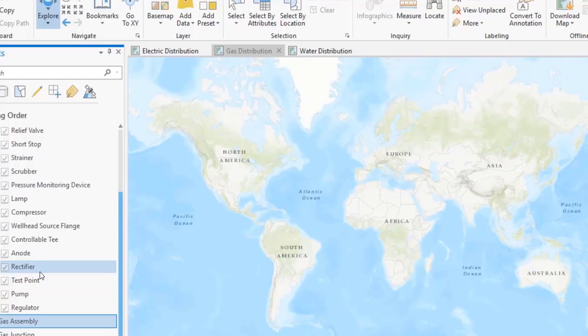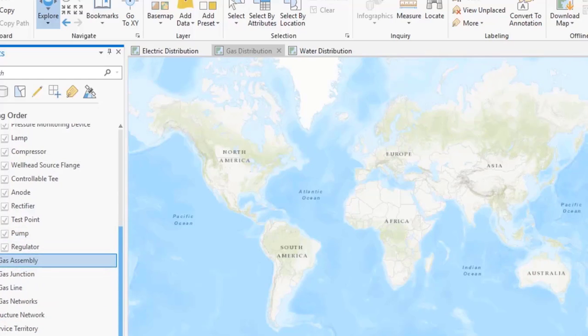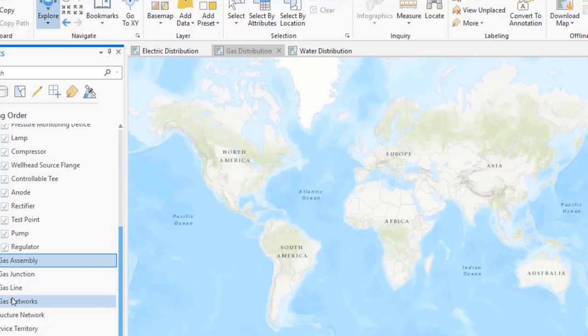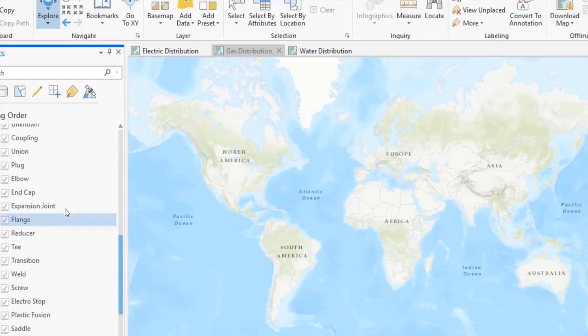Assemblies are once again connective features where it could be an assembly of a number of specific things that are all contained in a single point feature, just for clarity and user experience. Junctions, or you could see couplings and plugs and caps and ties and T's and things like that. And these are all non-smart features that just connect the pipes.